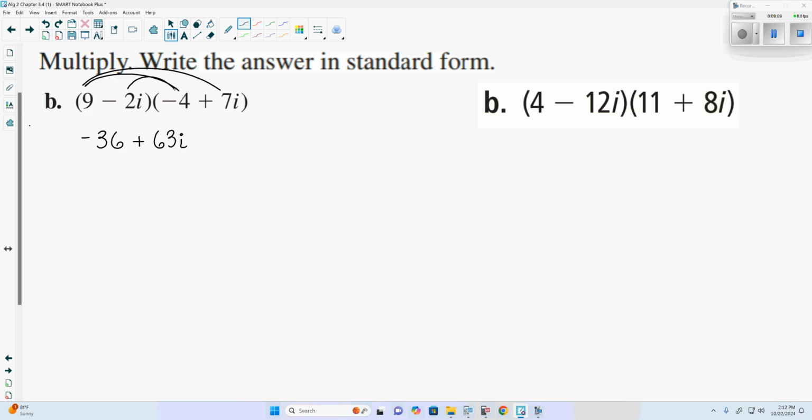Negative 2i times negative 4 is going to be plus 8i. And lastly, negative 2i times 7i is negative 14i squared.